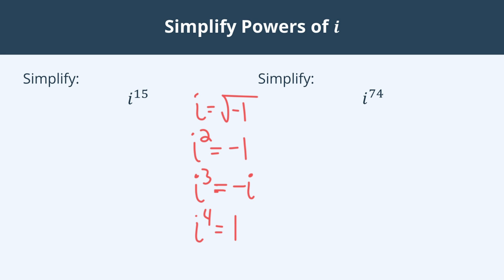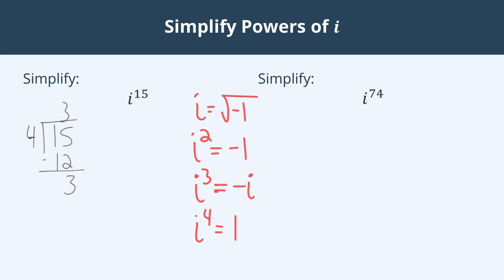So how do I actually use that to solve? Well, because it repeats every 4, what I do is I divide the exponent by 4 and I see how much is left over. So take a look at this first one, i to the 15. I'm going to start by doing 15 divided by 4. 4 goes into 15 3 times. 3 times 4 is 12.